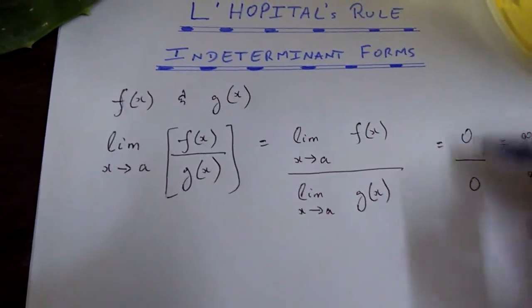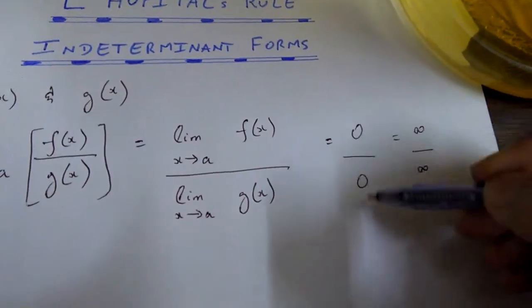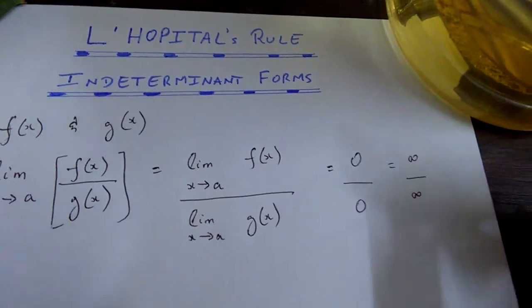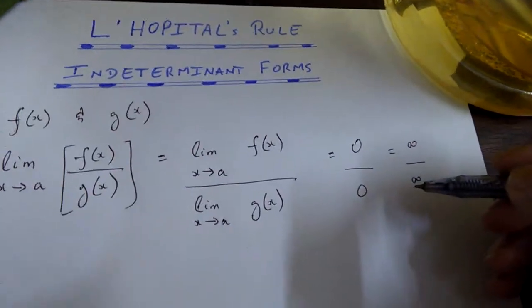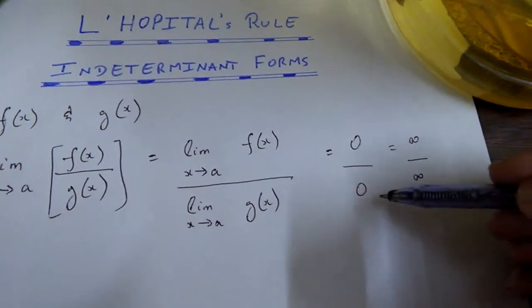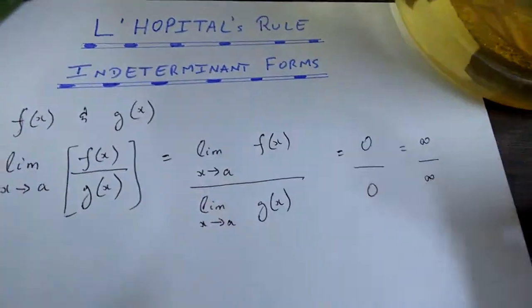These forms are not natural, they're not normal, so we call such forms indeterminate forms. They're not naturally occurring. So how do we avoid such a situation after applying the limit to functions expressed in quotient form?